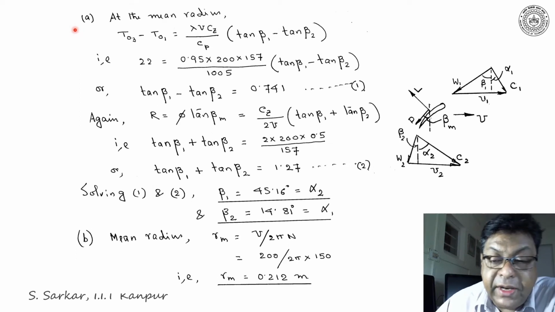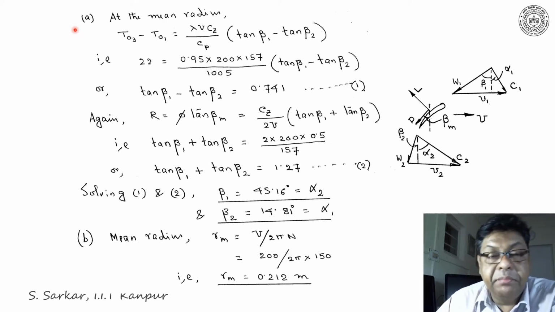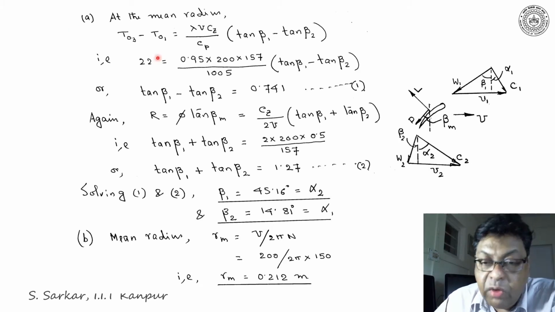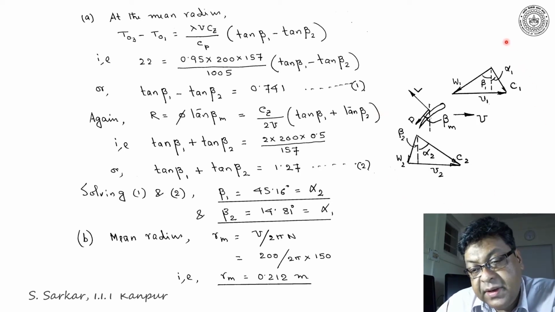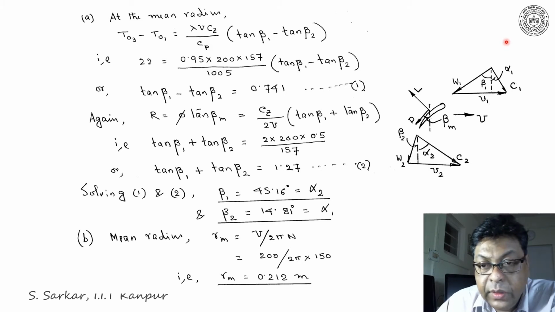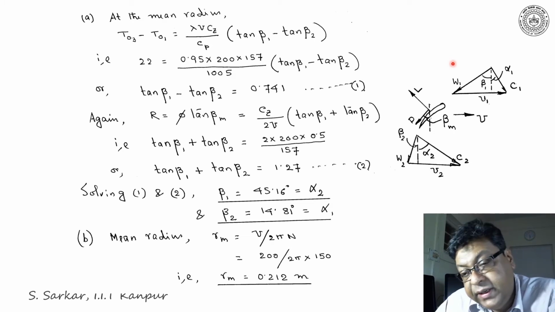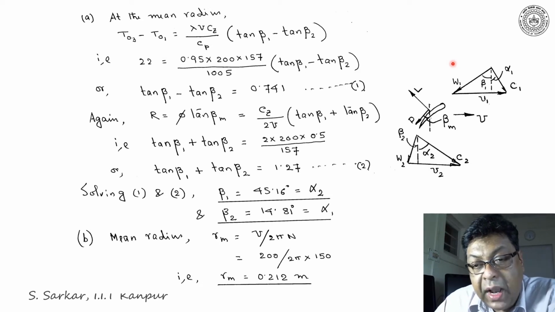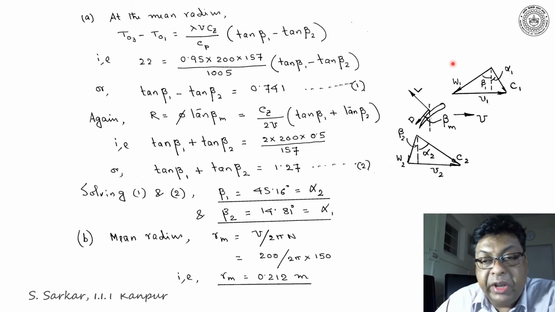The data are given at the mean radius, that is, I have been asked to perform pitch line analysis. I have drawn here the inlet and exit velocity triangle of the rotor at the mean radius, where W represents the relative velocity, C absolute velocity, beta is the relative air angle, and alpha is the absolute air angle.